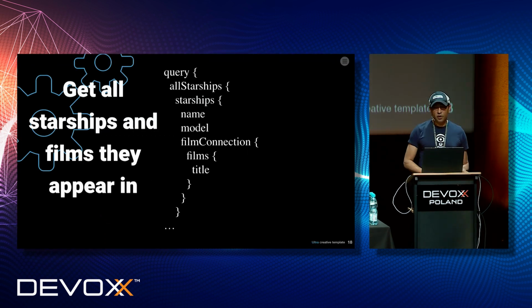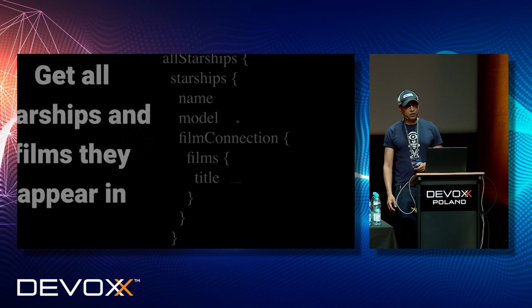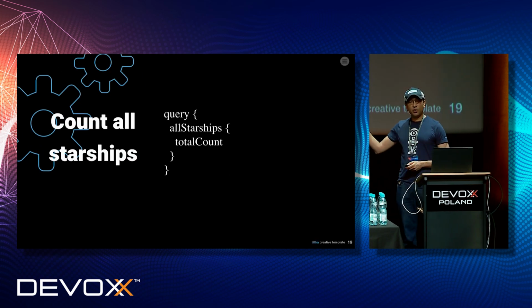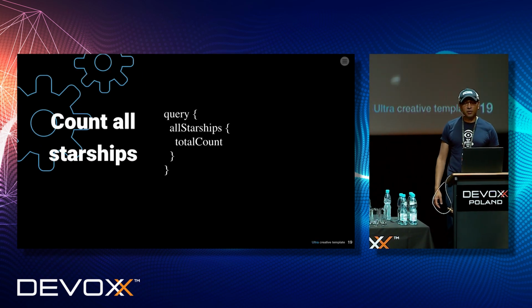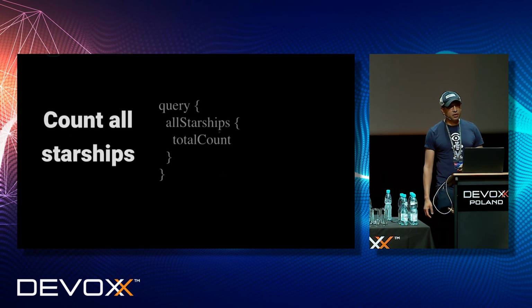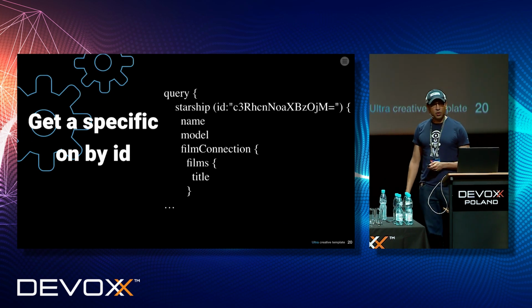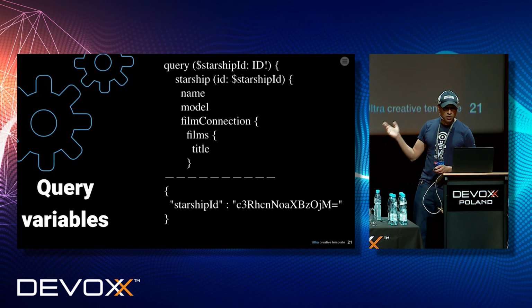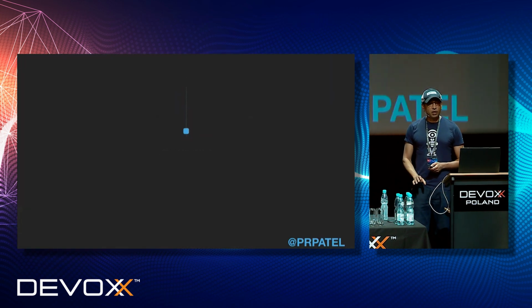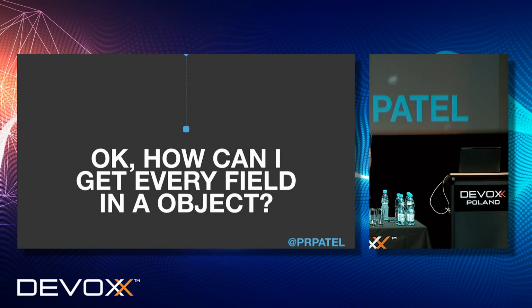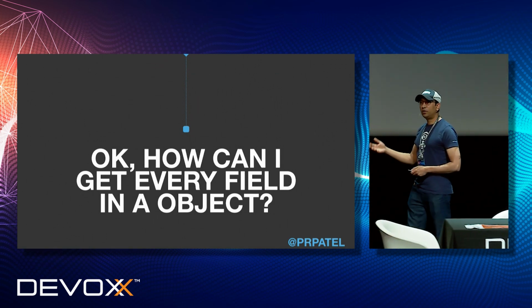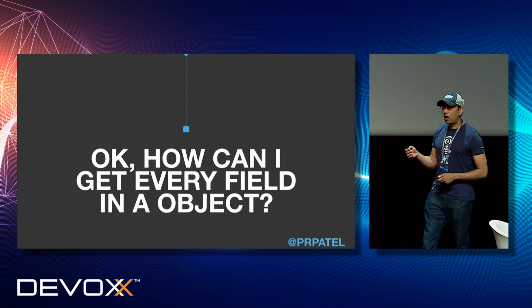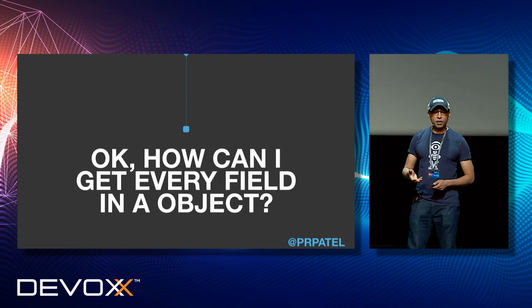So let's just do a quick review, right? We did this, get starships as they appear in the film. We didn't do this, but we could have done a total count of all the starships that are contained inside of this, right? And do a query using a specific ID, and then use query variables as well. Now, one thing to note at this point is that you have to build all the capabilities on the server that you want to build.